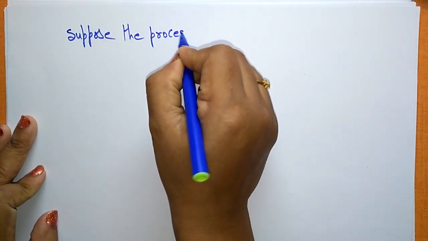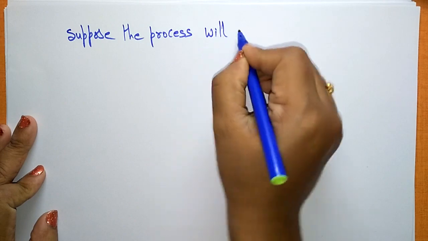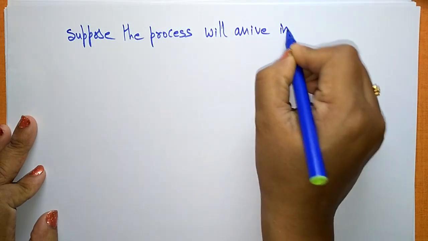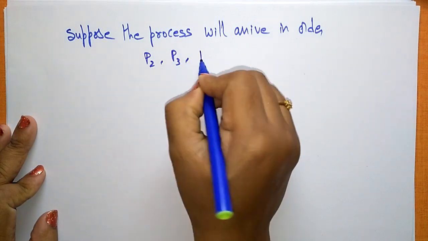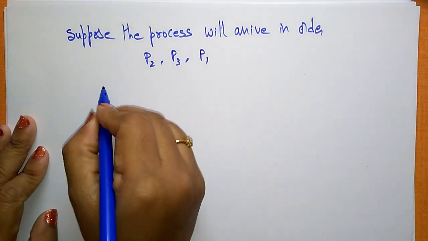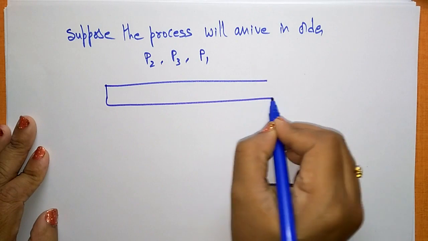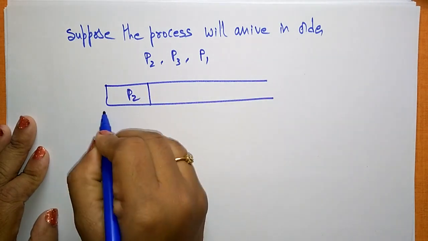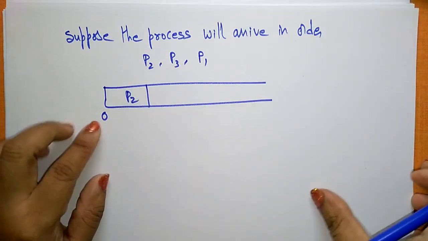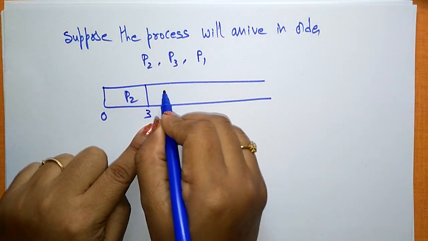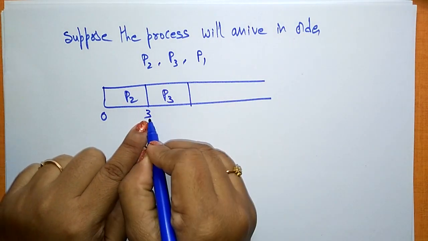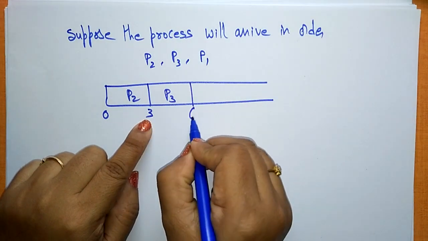Now let us see what the average time is if I change the order. Suppose the processes arrive in the order P2, P3, P1. P2 starts from 0 and the P2 burst time is 3. Next P3, burst time is 3, so 3 plus 3, 6.